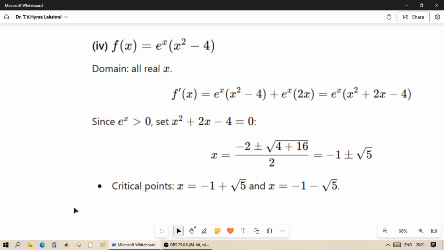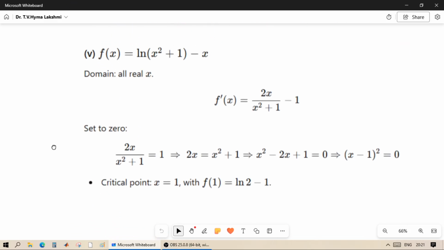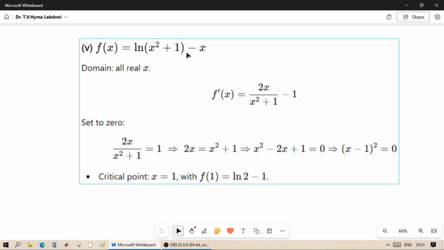Now let us see another example, that is f of x equal to log of x square plus 1 minus x. Differentiation of the log function is 1 by x. So log of x square plus 1 differentiation is 1 by x square plus 1, and differentiation of x square is 2x.